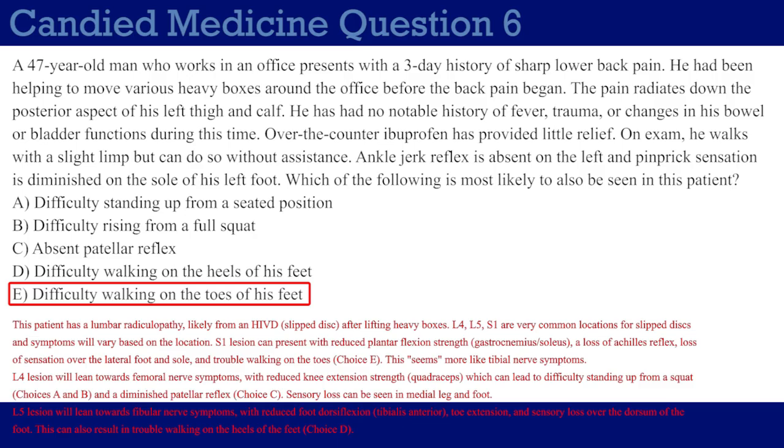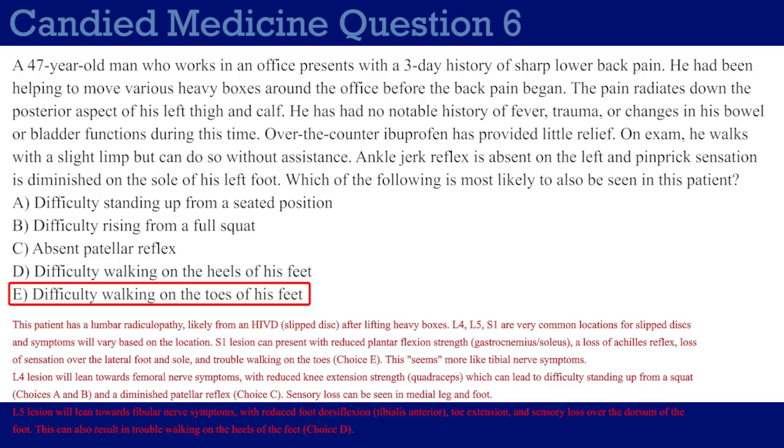Now, like I said, this is not an entirely correct way of thinking about it because there are tibial fibers in all of these actually. And there's generally a lot of overlap between these spinal roots. But my point is that if you think about it that way, you can logic out a lot of the symptoms you could see. So for example, in L4, because you're thinking mainly femoral nerve, you'd probably logic out that I'm going to have some problems with the quadriceps, knee extension.